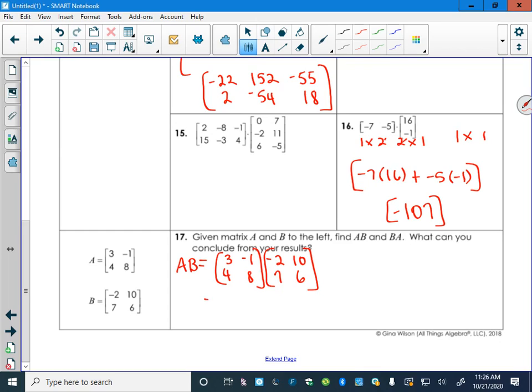That result is going to be negative 13, 24. And second row is 48, 88.